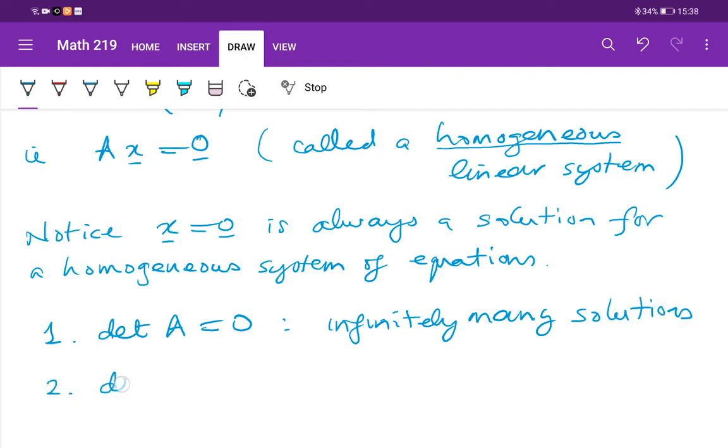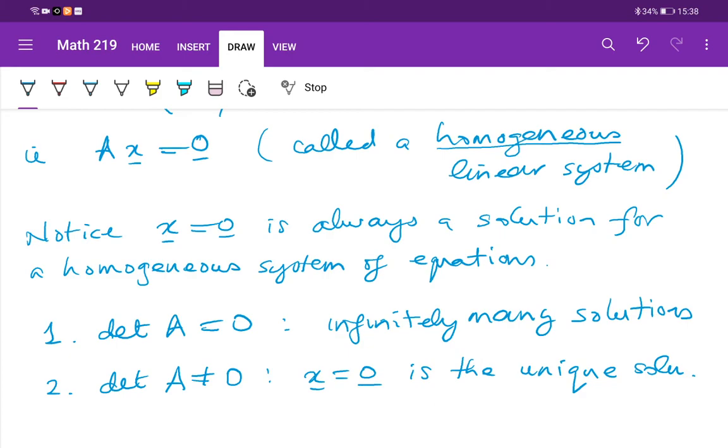And secondly, if the determinant of A is non-zero, then you have a unique solution, and that unique solution must be x = 0. Okay, so this is what Gaussian elimination tells us about homogeneous linear systems.